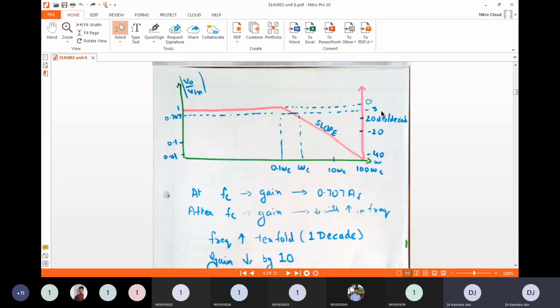Are you getting my point? Yes, sir. I hope you have drawn the graph. So can I move on to the filter designing steps? Complete the graph so that I can start the filter designing steps. I request all of you.